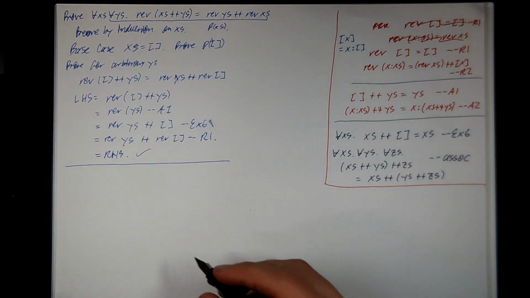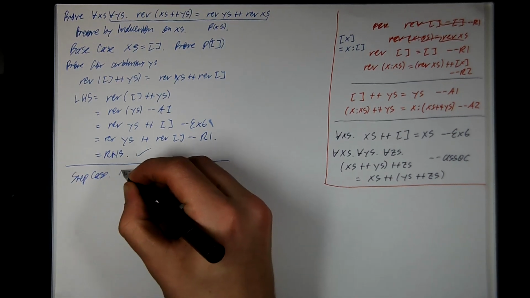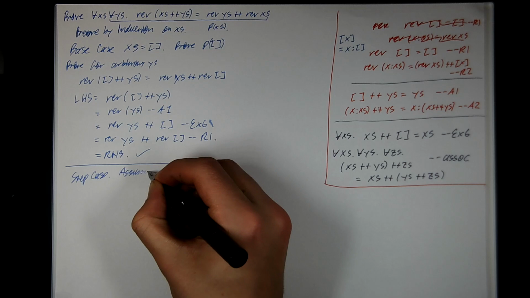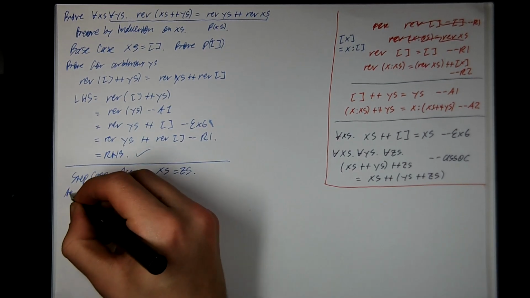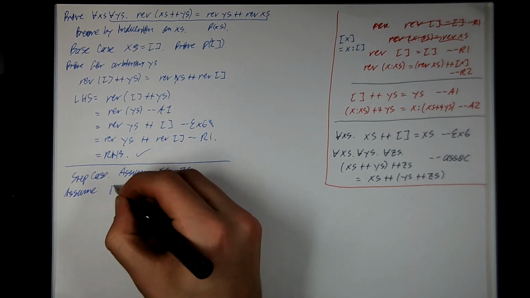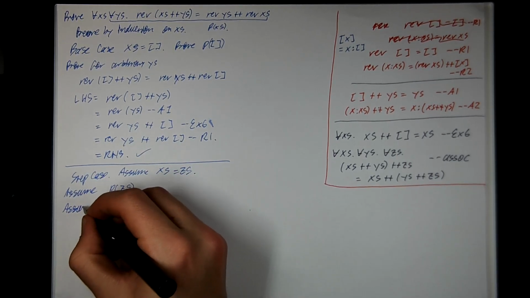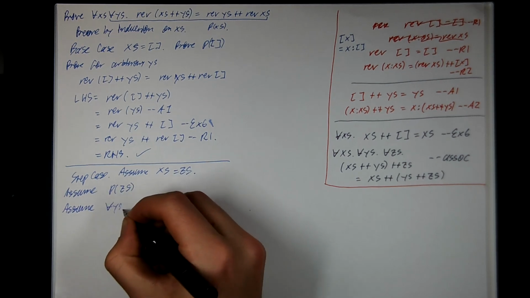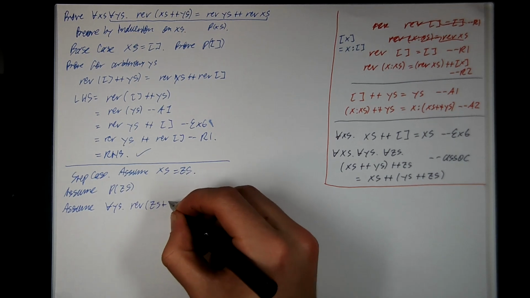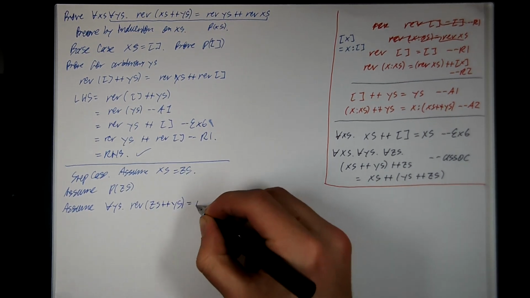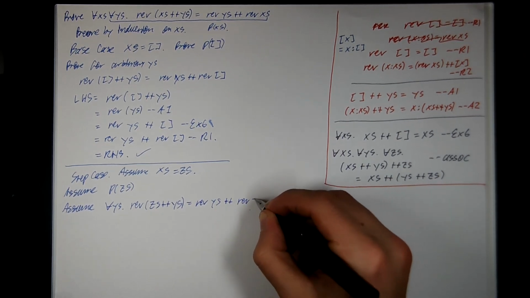Now we're going to prove the step case. We assume it's true for some list zs, so we assume P of zs. That means we assume for any ys, rev of zs concat ys is equal to rev of ys concat rev of zs.